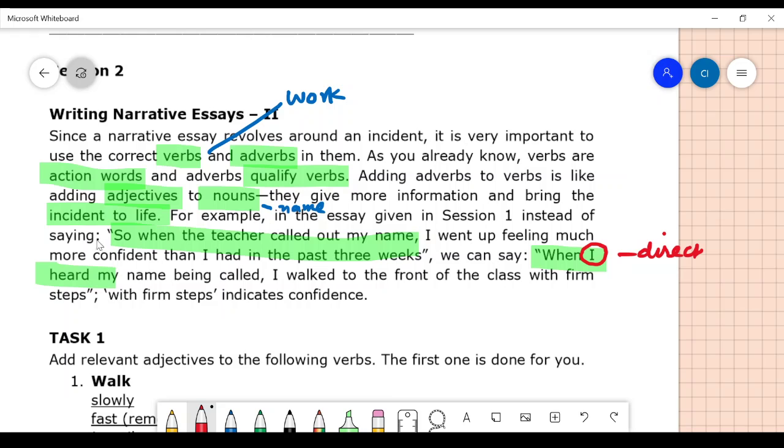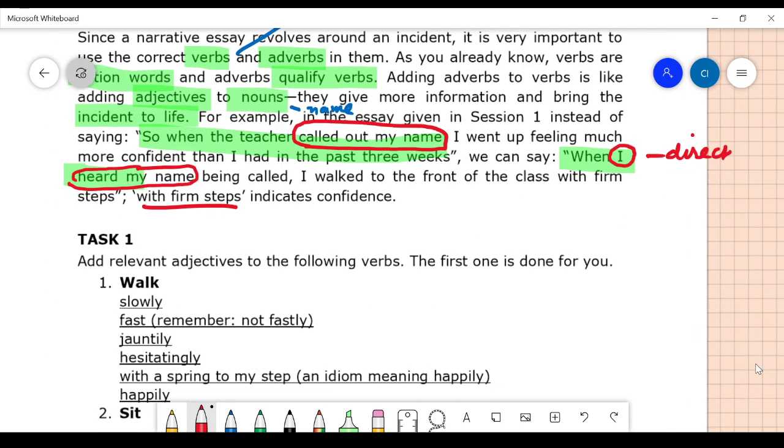Instead of so when the teacher called out my name, you can say heard my name. Being called, I walked in front of the class with firm steps. With firm steps indicates confidence.